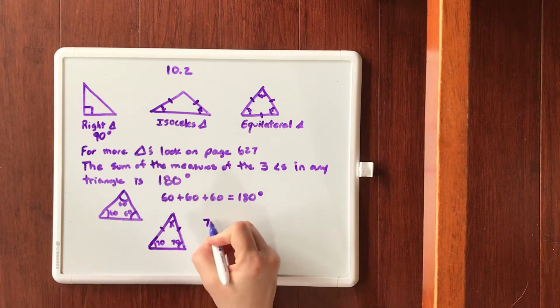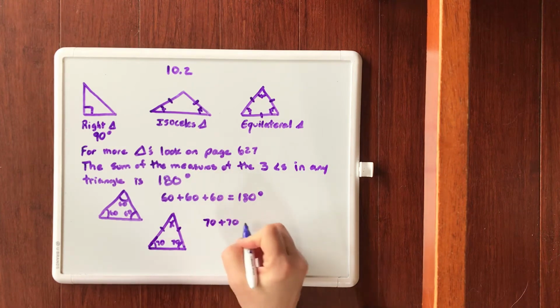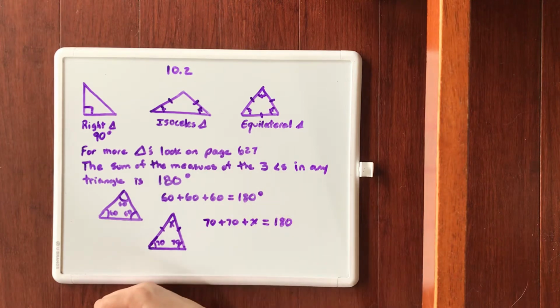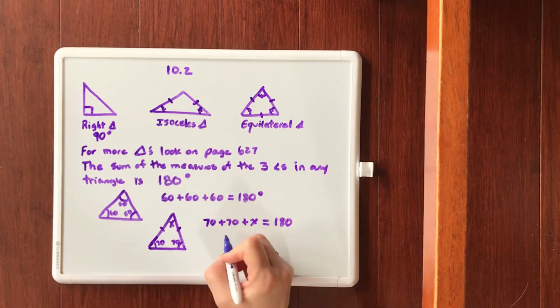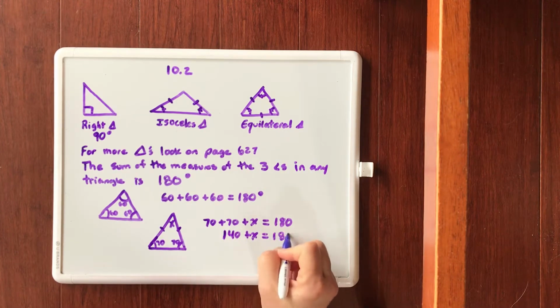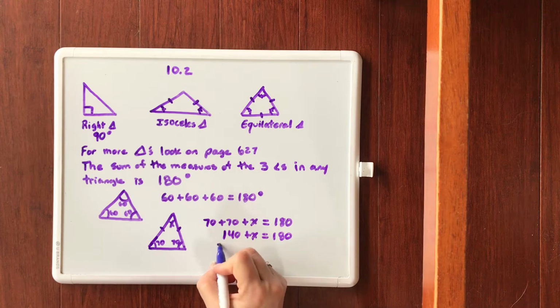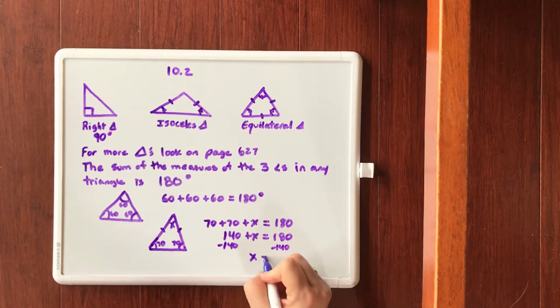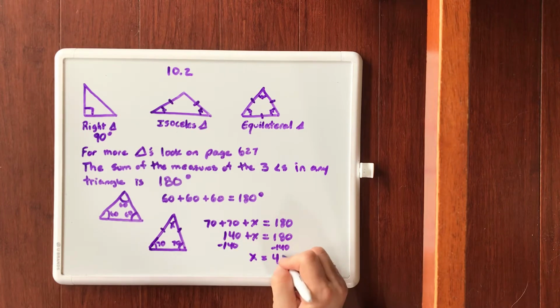Well, we have 70 plus 70 plus x equals 180 degrees. Okay? So we add the 70s, that's 140 plus x equals 180. Subtract 140 from both sides, and x equals 40 degrees.